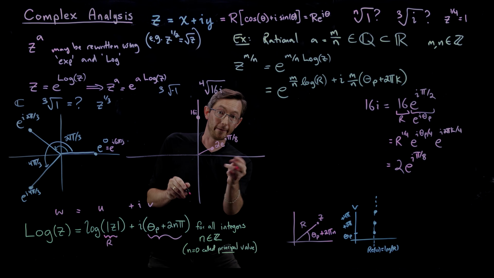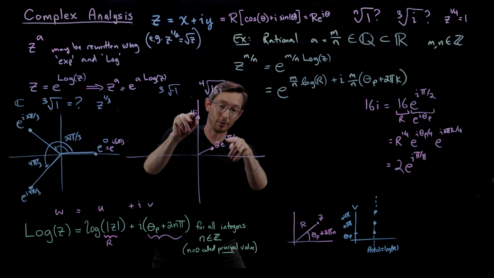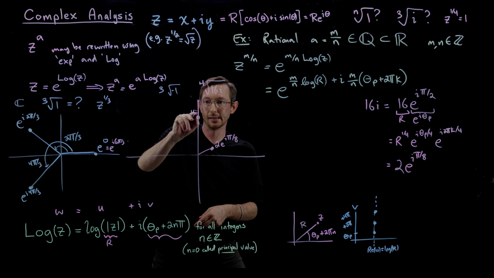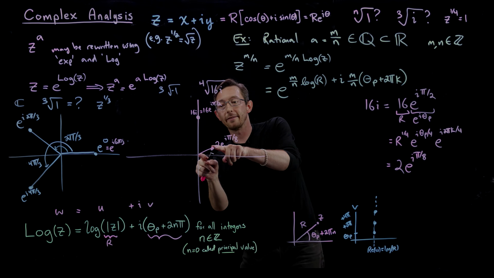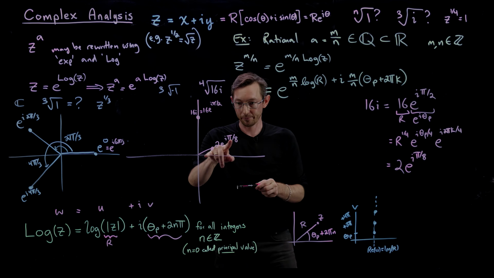Because if I took this to the 4th power, I would get 2 to the 4th is 16, and e to the i pi eighths to the 4th power is e to the i pi halves, which is this thing. This is 16 e to the i pi halves. So this is my first principal fourth root of 16i.